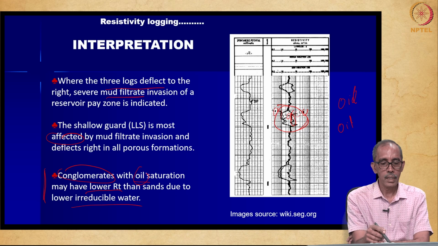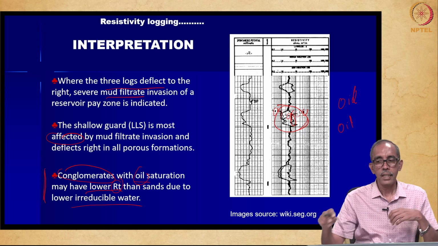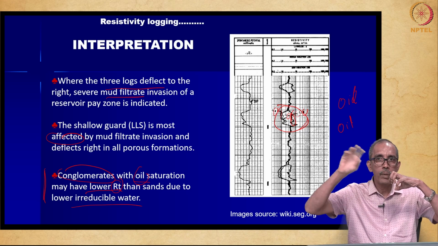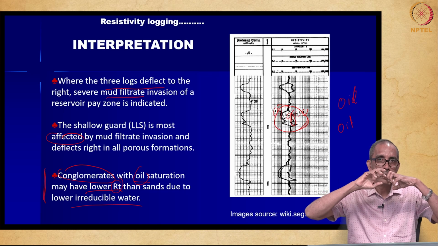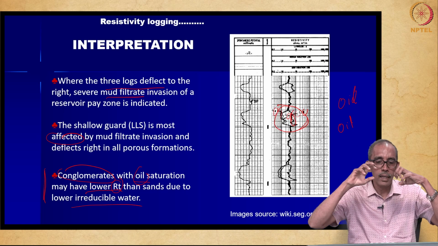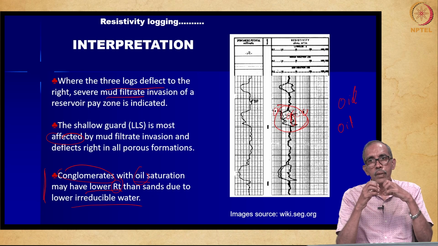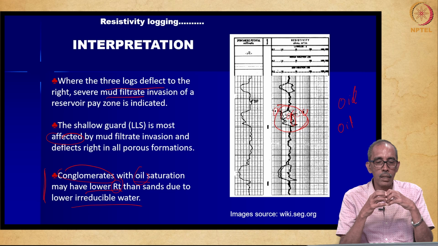So, conglomerates will have lower resistivity than that of sands, because in the case of conglomerates, which are very coarse grained, more water can be pushed out. Surface tension forces will be lesser in conglomerate than that of sand. In the case of sand, there will be more irreducible water.